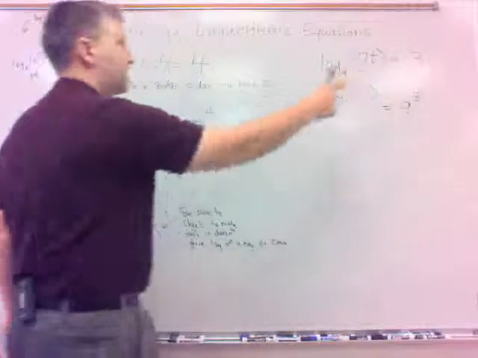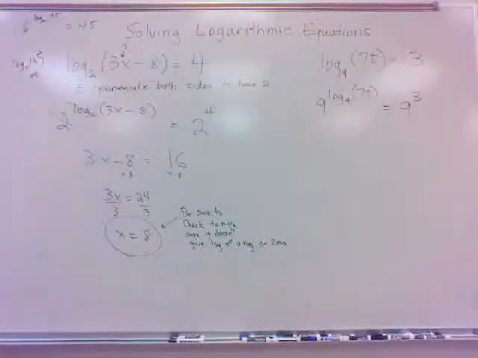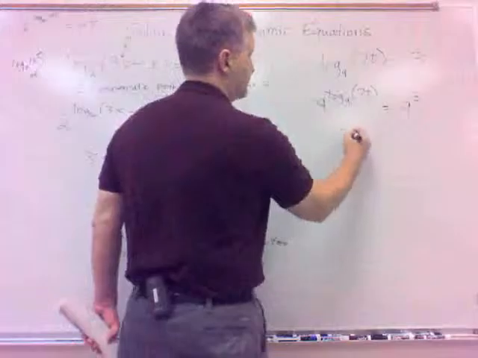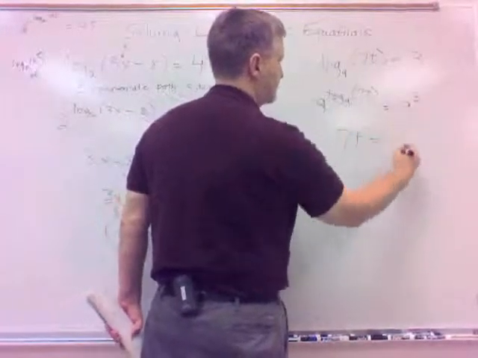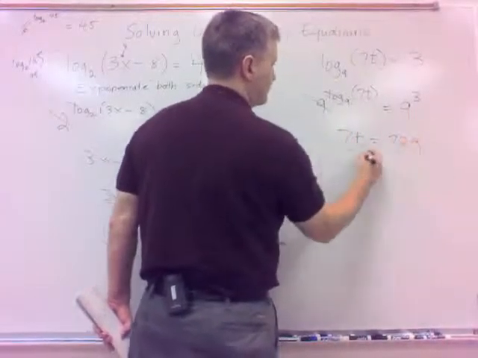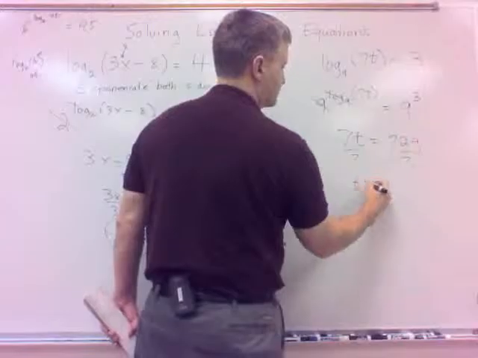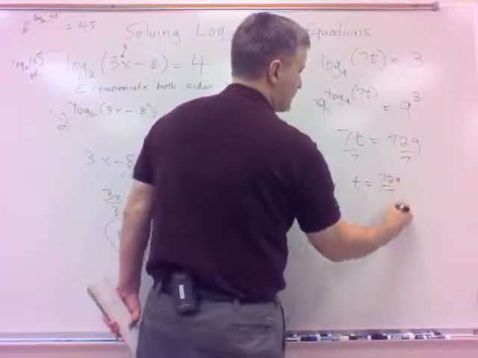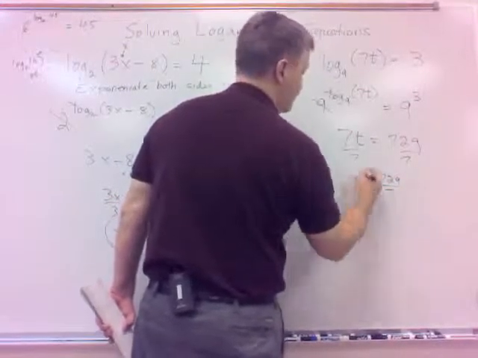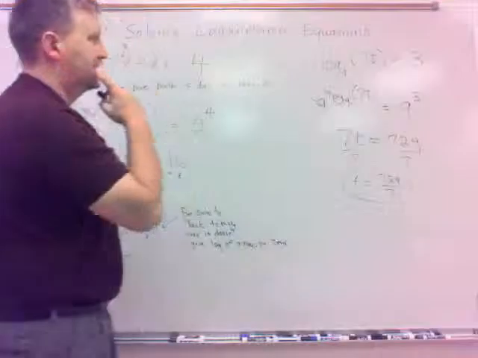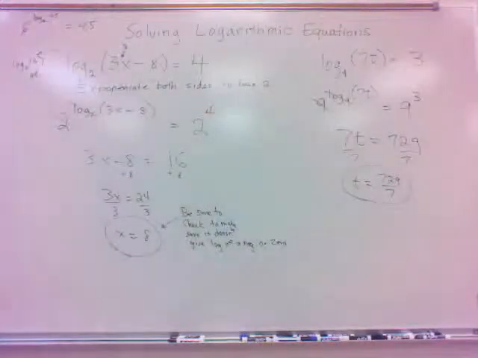In other words, 9 to the log base 9 of 7t equals 9 to the third. Well, the 9 and the log base 9 cancel out, so that just leaves me 7t. 9 to the third is 729. Just divide by 7, easy. And if you plug in t to be that, you're okay.